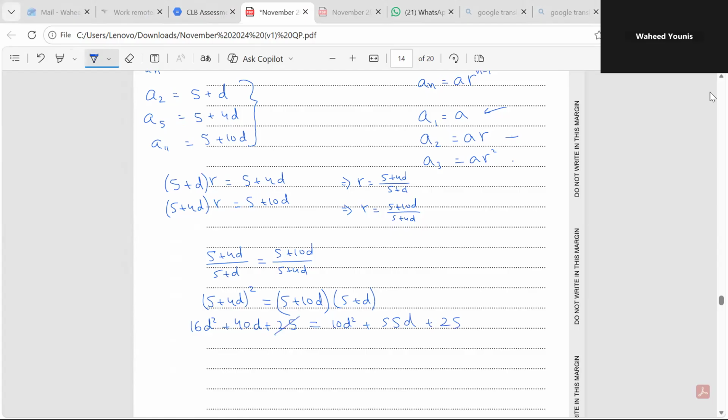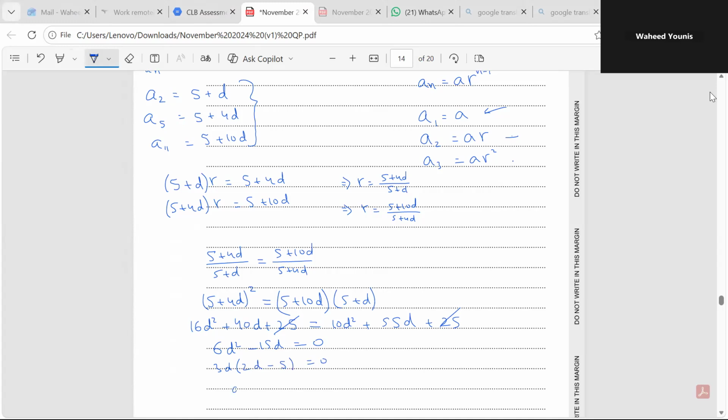The 25 cancels with 25, and 16d squared minus 10d squared becomes 6d squared, and 40d minus 55d becomes minus 15d, and this is equal to 0. If I take 3d common outside, it becomes 3d times 2d minus 5.